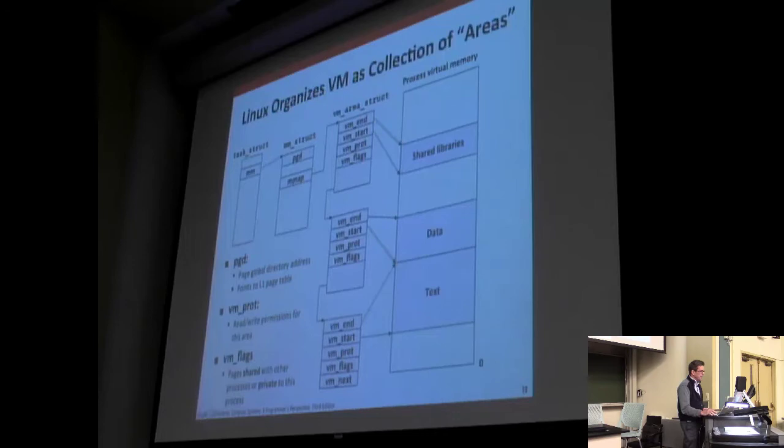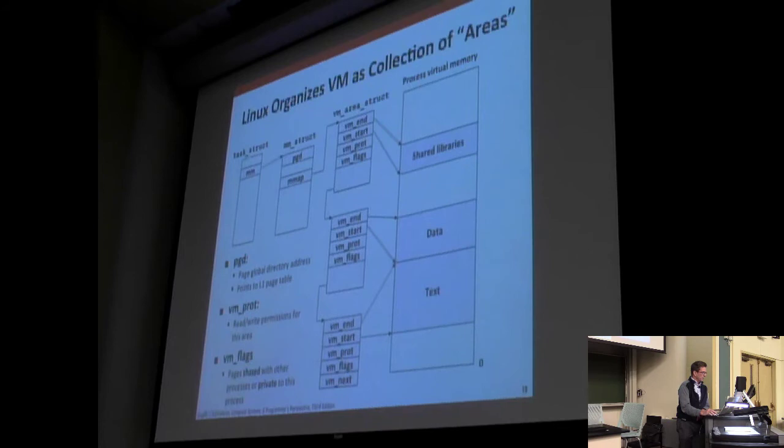And then there's a pointer to a list of these so-called area structs. The area struct identifies the beginning and end of the region, and any protections, like is this a read-only region? For example, the code section would be set as read-only, or is it read-write? And then there are some other flags, which we'll see later, in particular when we look at sharing and mapping.